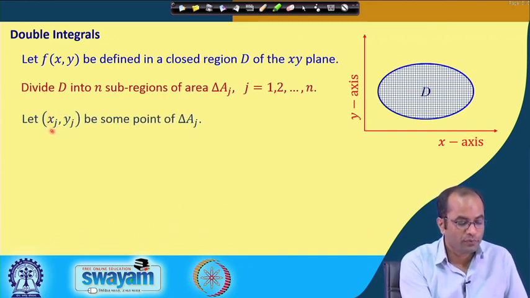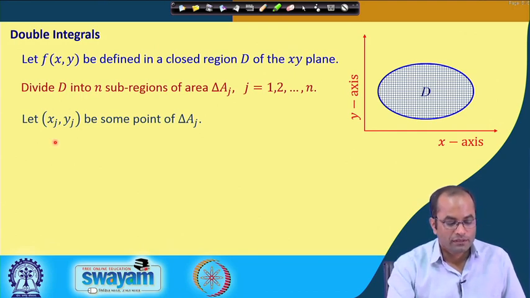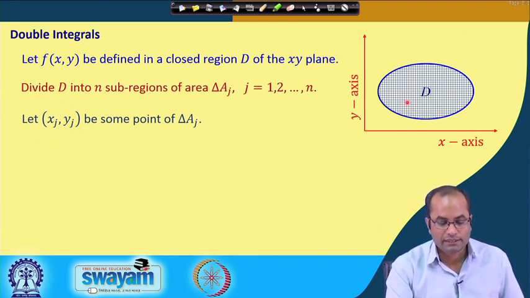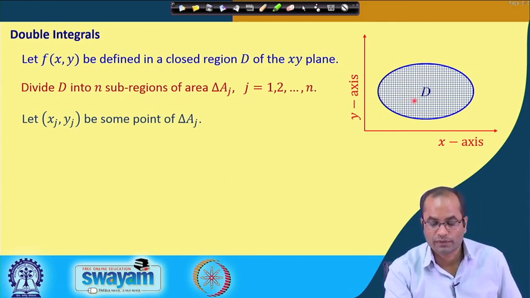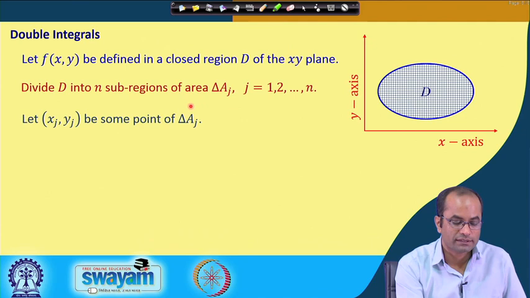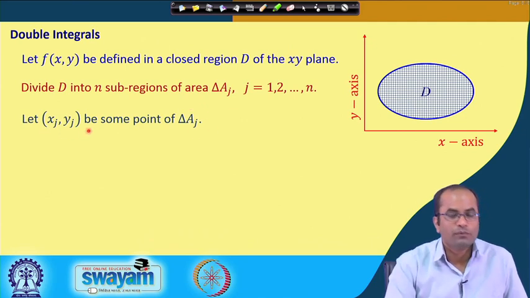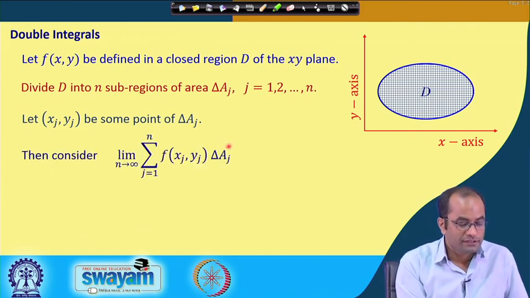If we take a point (x_j, y_j), some general point in the area delta A_j, and then we consider this sum.